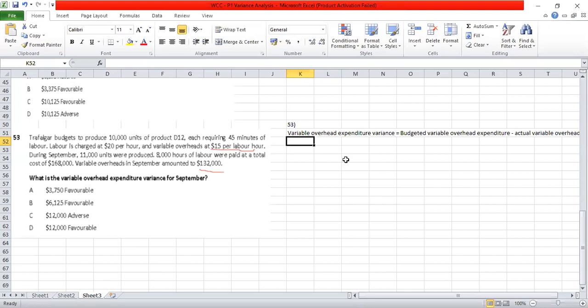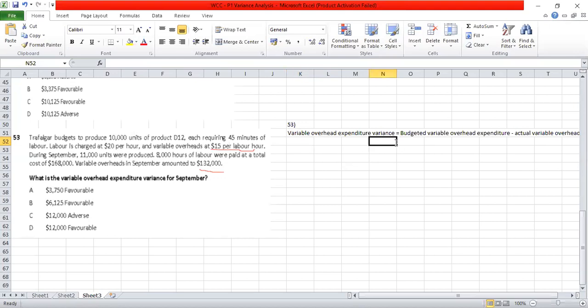So here, for uniformity, we have to calculate the number of hours depending on the actual number of hours which they have spent. They have used 8,000 hours of labor. So the budgeted variable overhead also should be accounted at 8,000 labor hours.